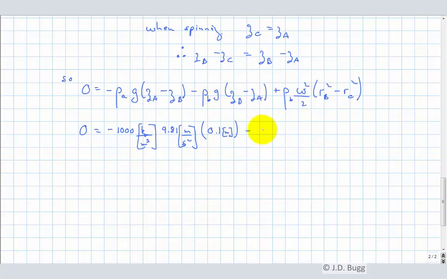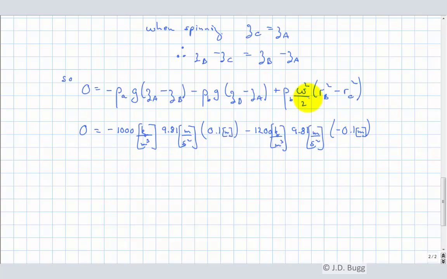Minus the second term here, density of 1,200 kilograms per meter cubed, G of 9.81 meters per second squared, and ZB minus ZA is going to be negative 0.1 meters.